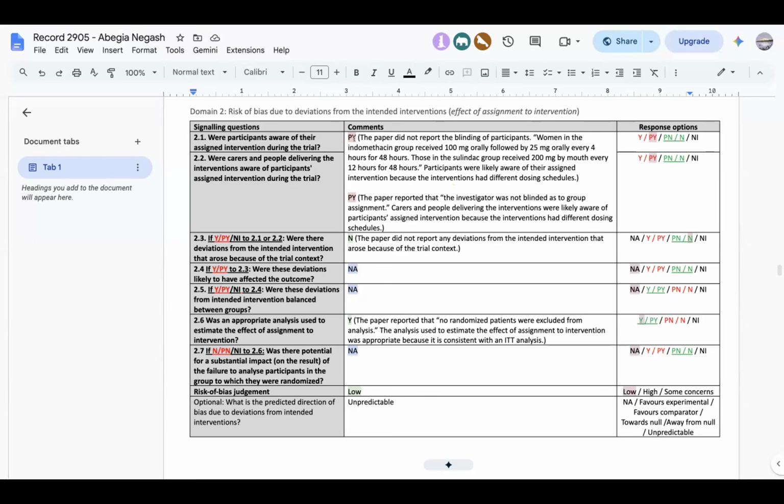So I just put no because it doesn't provide enough detail to confirm whether the presence of such an effect would occur.